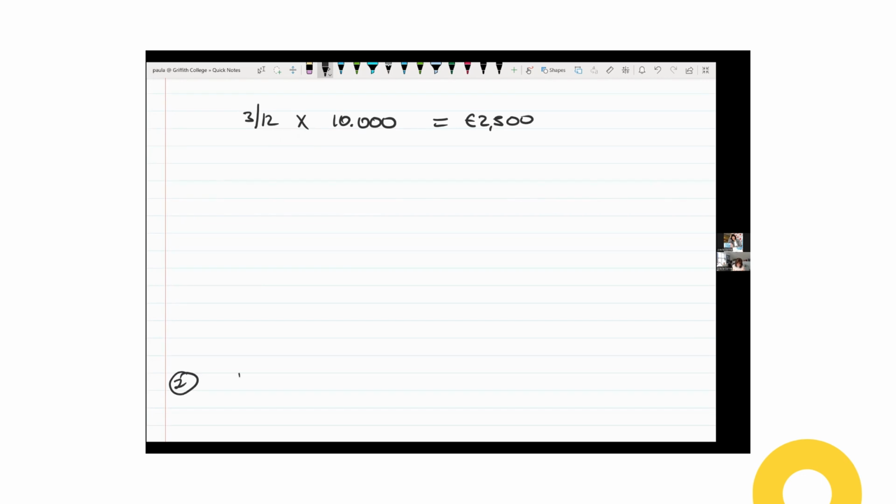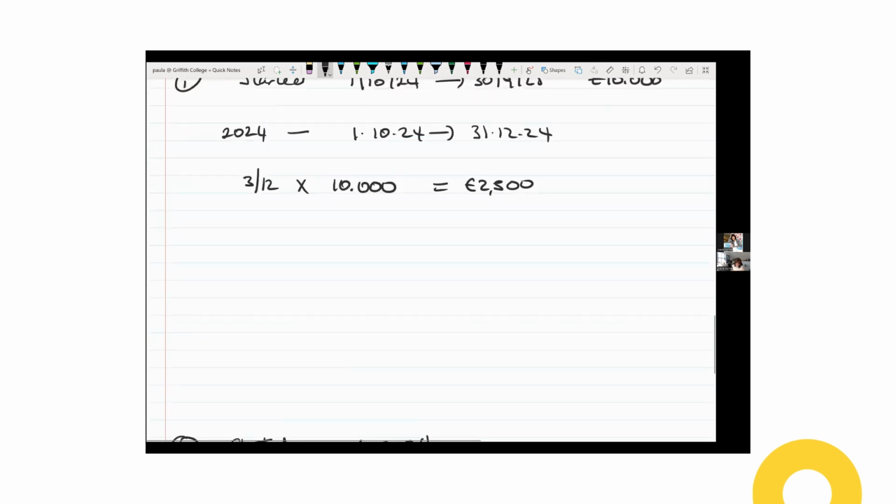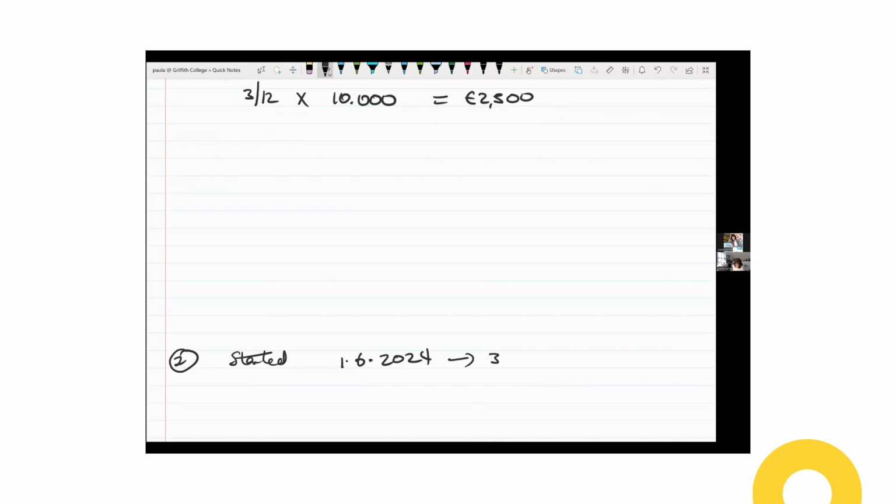So let's say I started a business and let's say I started it on the 1st of July, or sorry, June 2024. And let's say that I made my accounts up until the 30th of May 2025, 12-month accounting period.